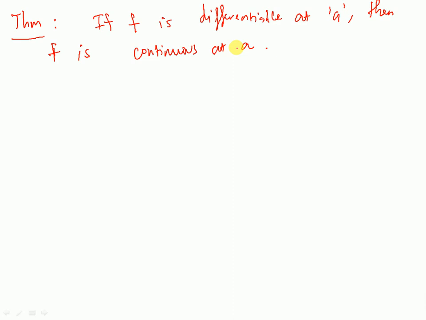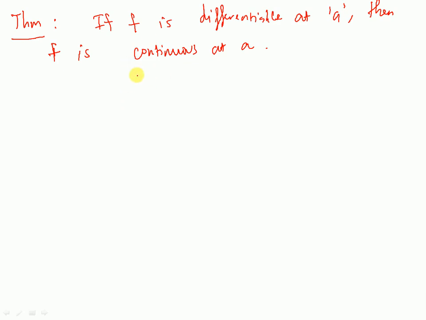Let's say that again one more time. For function f, if we can take the derivative of this function at any point a on the domain of that function, then this whole function is continuous at all the points. Does that make sense?